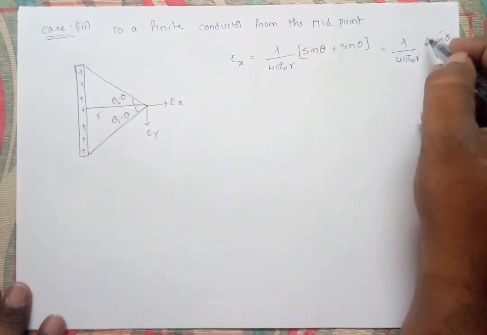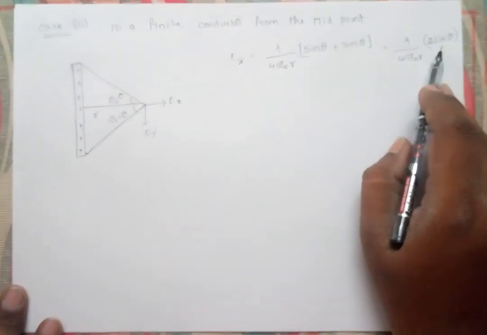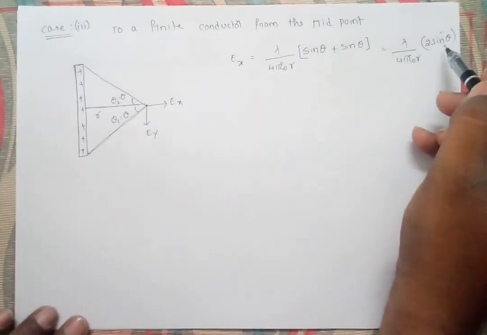If it is 45, then 2 sin 45. If the angle is 30, you can take sin 30. So based on the angle, you can obtain the result here.